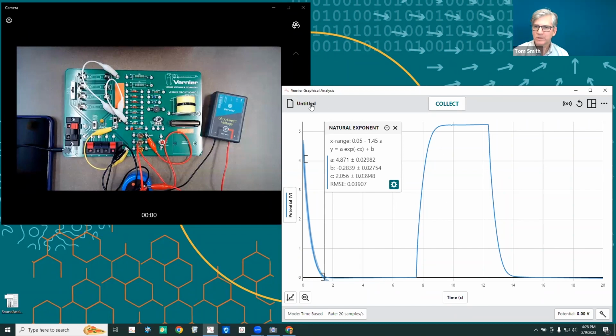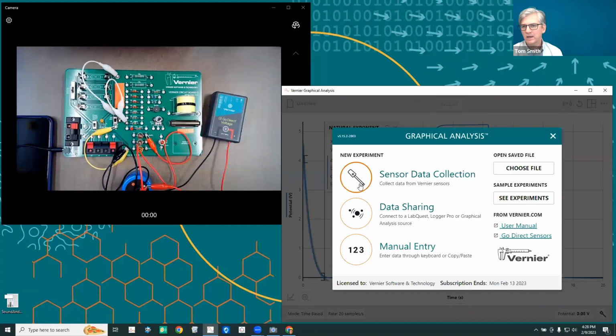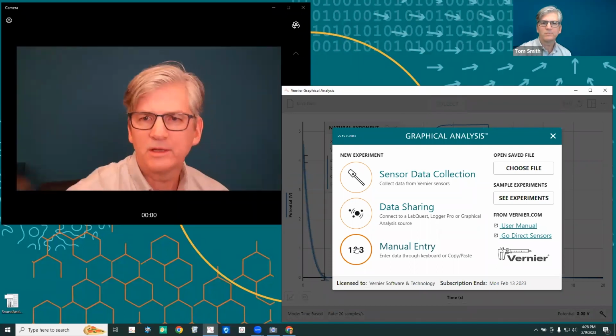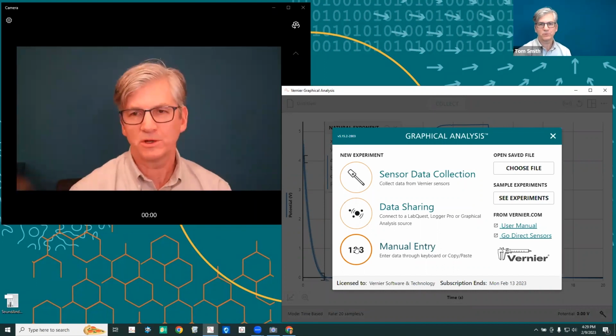Okay, so let me shift over to talk about the sound waves and beats lab. So I'll just start a new experiment at this point. And as I mentioned earlier, this was a really fun lab.